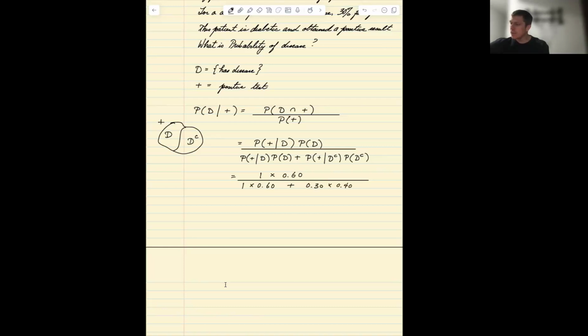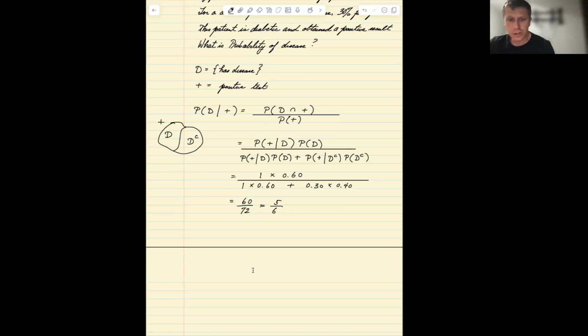That was 40%, 1 minus 60%, right? So this is 60 divided by 72. We calculate this, it's 5/6. So that's just a way that we would calculate the conditional probability given what we already know.